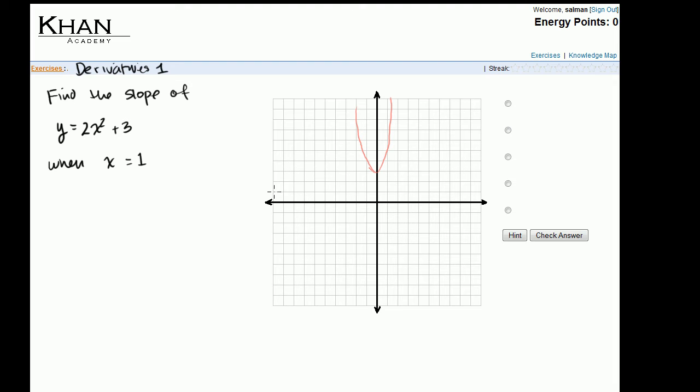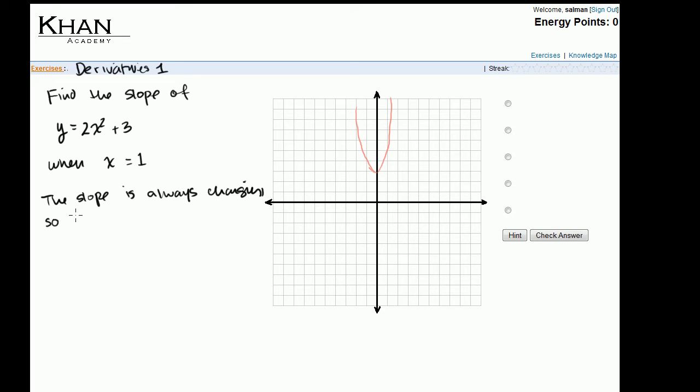Now, the first time they click hint, just say, the slope is always changing. So this is kind of a real hint. The slope is always changing.